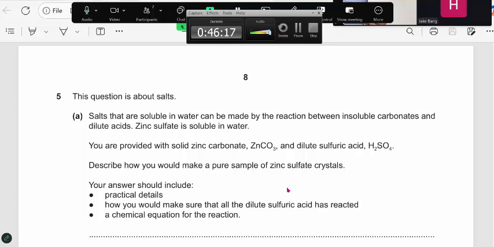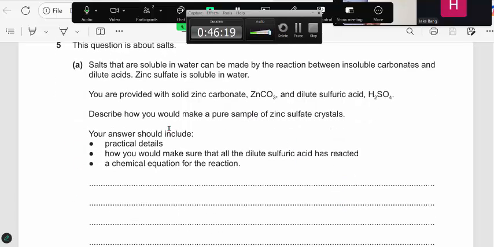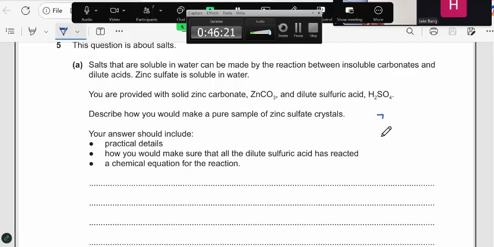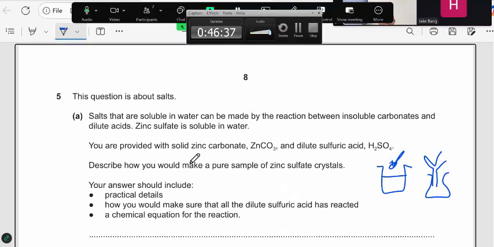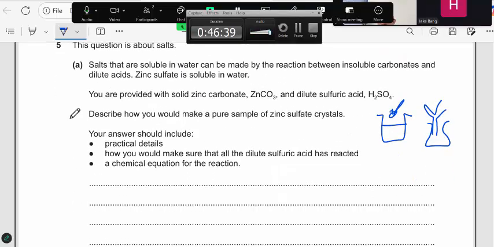All right. Do you remember how to make salts? You take the sulfuric acid, you add until it's in excess, then you filter. Do you remember? Okay. So it's a 5 mark question. This one is not paper 6, this is paper 4.